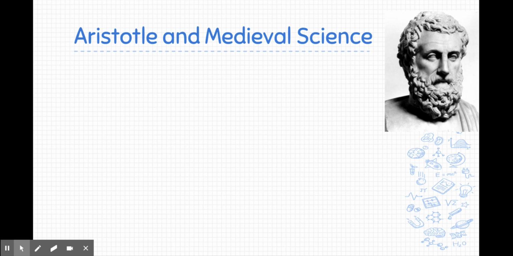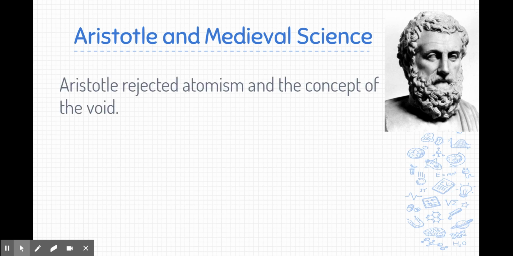It was Aristotle who really did a lot of damage to atomic theory because he did not accept the idea that matter was made up of individual atoms, and he really disliked the concept of the void, of a vacuum, of a space with nothing in it. He put forth many arguments against Democritus's theory.